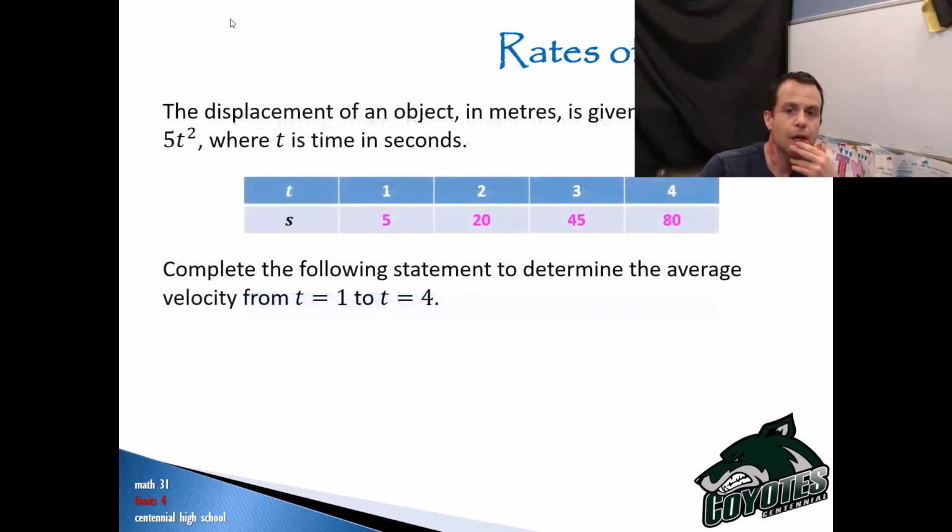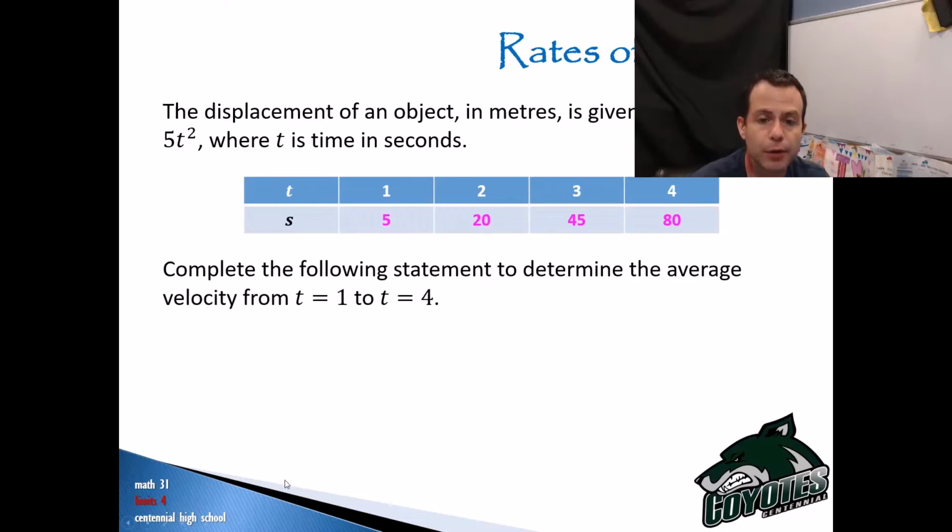Okay. All right. Now, complete the following statement to determine the average velocity from t equals 1 to t equals 4. Well, if I think back to my first example with Sam going to Edmonton, if I want the average velocity, I take the total distance over the total time, right?